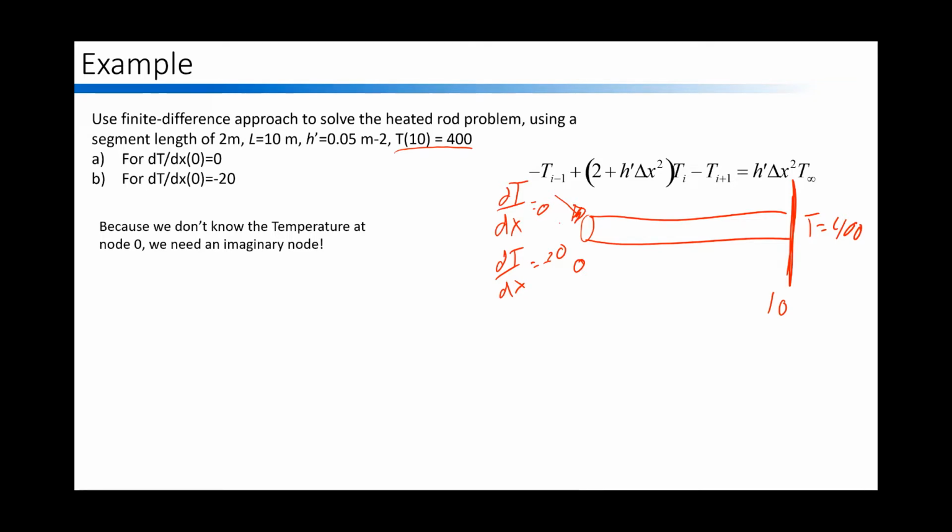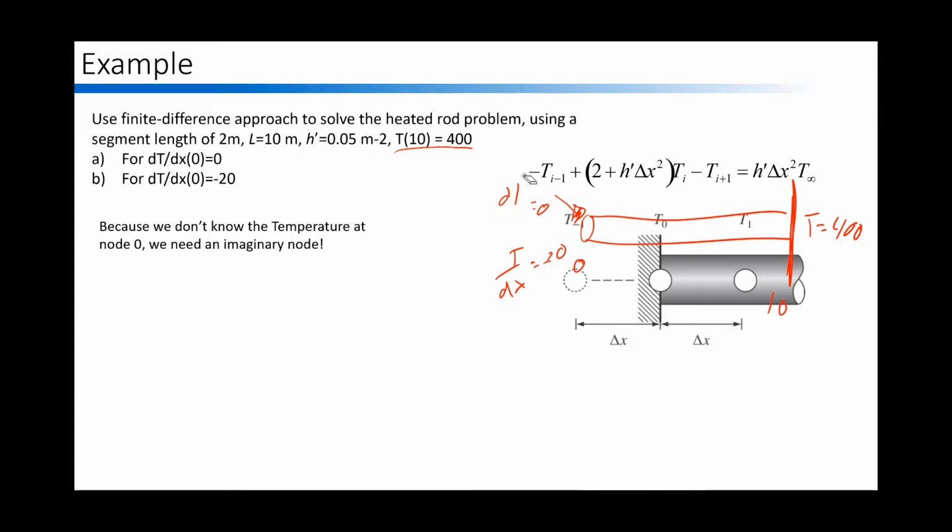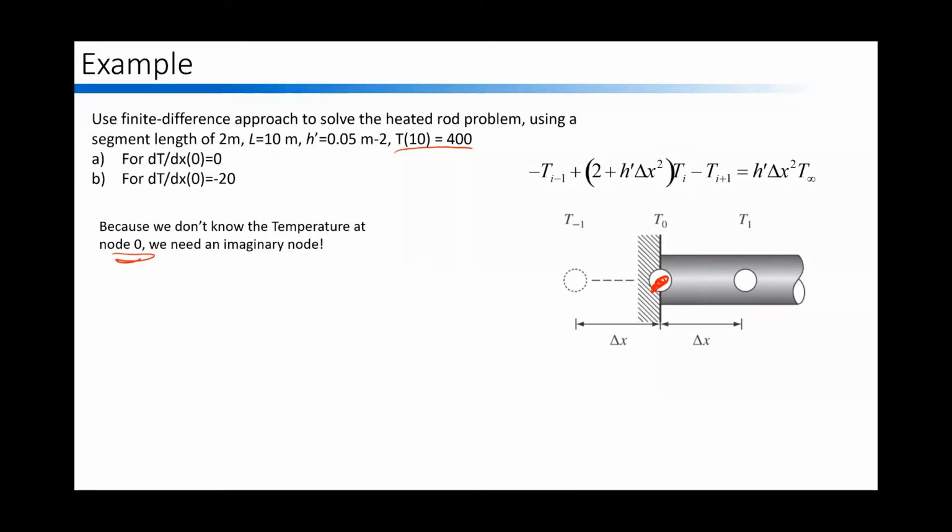The issue is that because we don't have a node at 0, we don't know the temperature at that one end. It's not given.